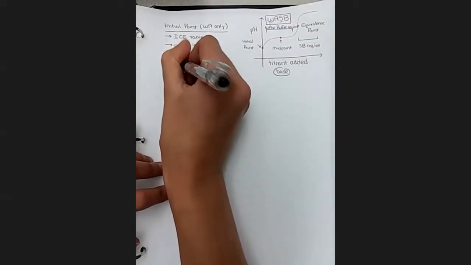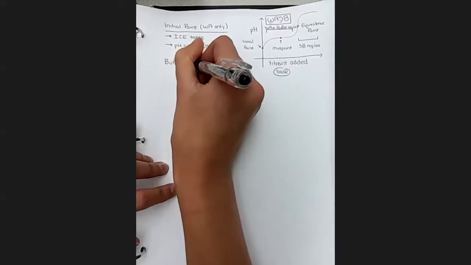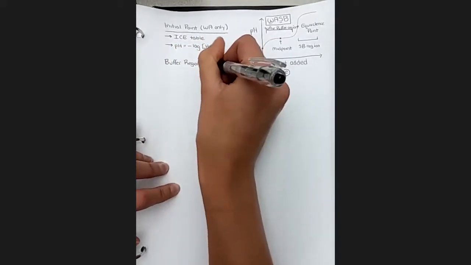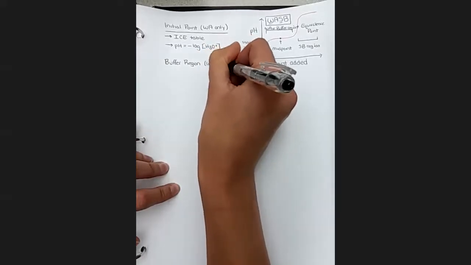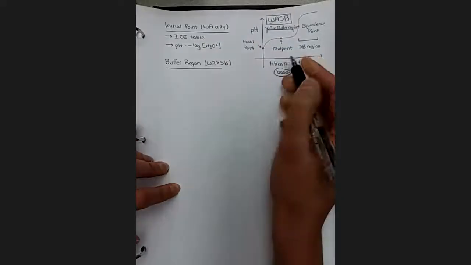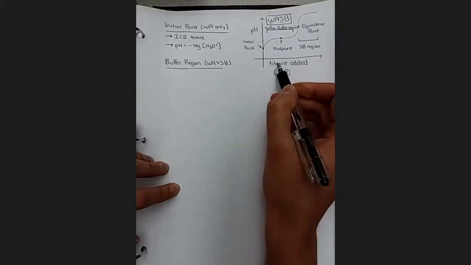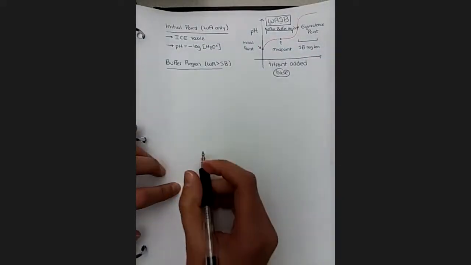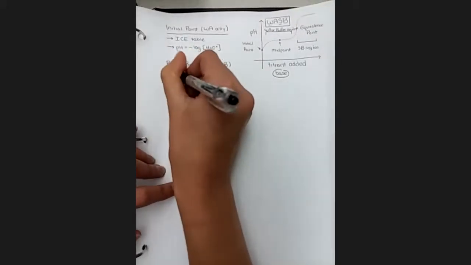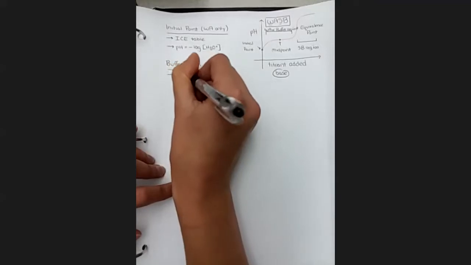Okay, the next region is called the buffer region. And that is the region where we have more weak acid than we have strong base. So it's our left half, where we've only added a little bit of titrant so far. So in this case, in order to know which part of the region we're in, we need to find the number of moles of each.